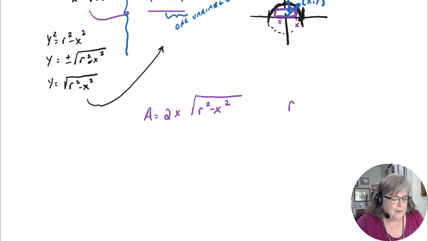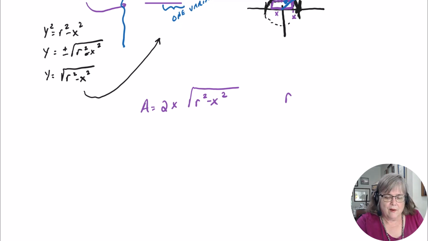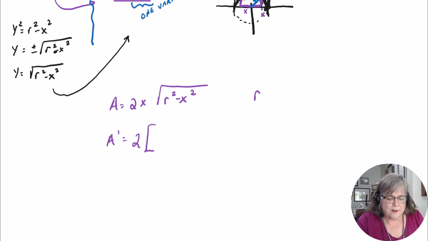All right, now, so this is my one variable area equation. And now we're going to take the derivative. So the derivative with respect to x, right? You would have your 2, and this is a product. So it's the first times the derivative of the second, which, remember, this is r squared minus x squared to the 1/2, right? That's what you're taking the derivative of.